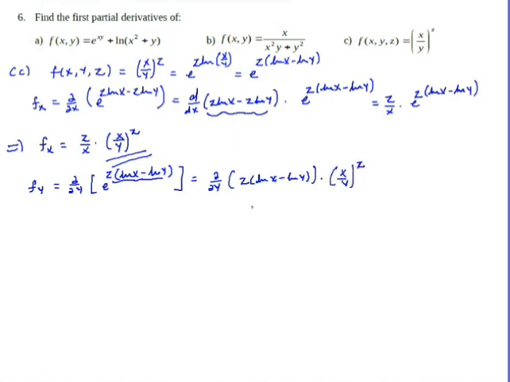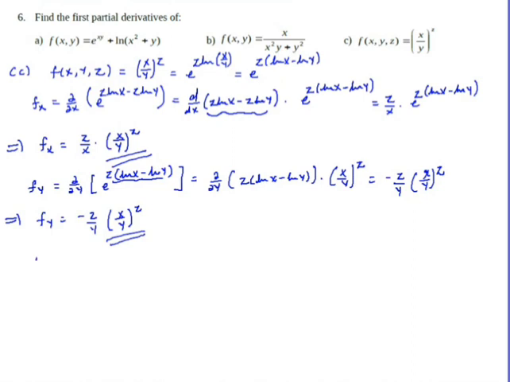So this becomes minus z over y times (x over y) the whole z. So fy becomes minus z over y times (x over y) the whole z.